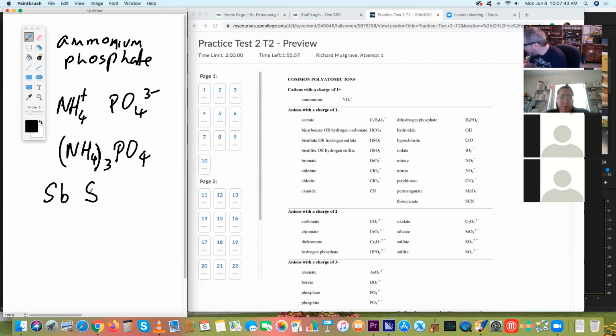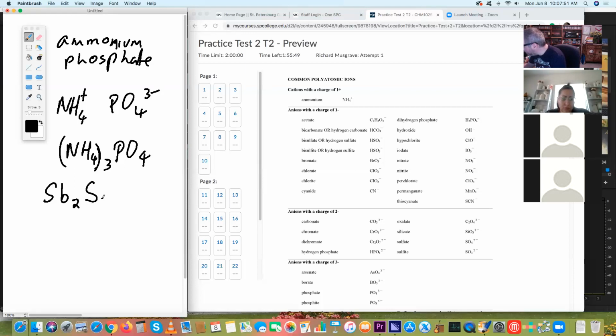So you're starting off with the formula, right? Yes. So there's really only two possibilities for this. If you've got antimony and sulfur, it would be Sb2S3, or the other one could be Sb2S5. But we'll look at both of those.